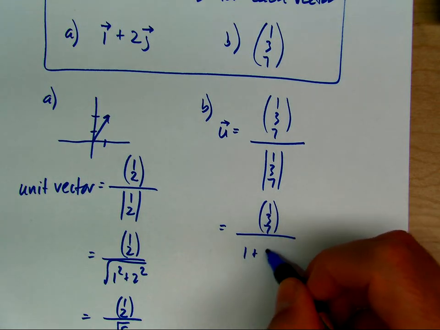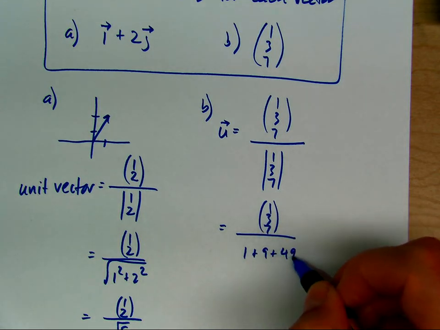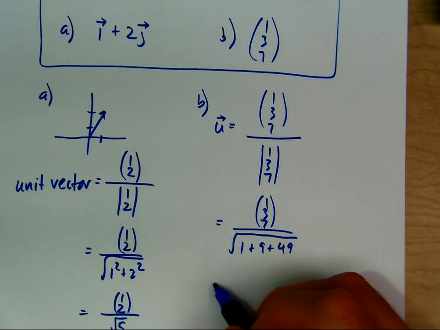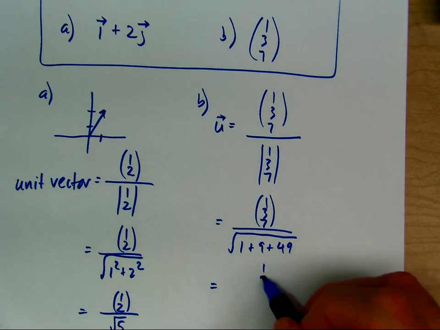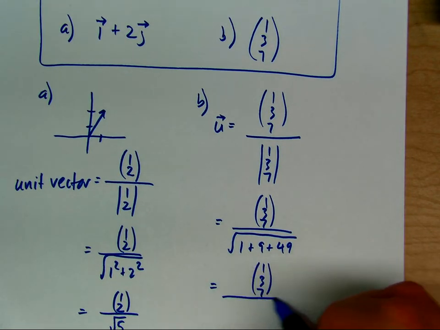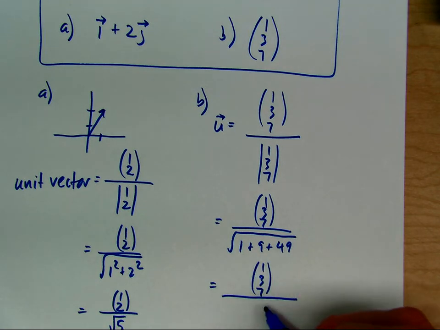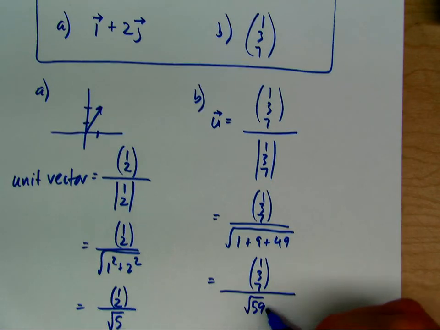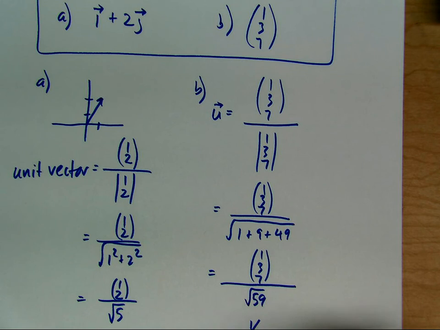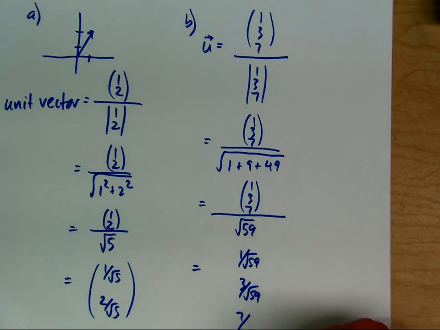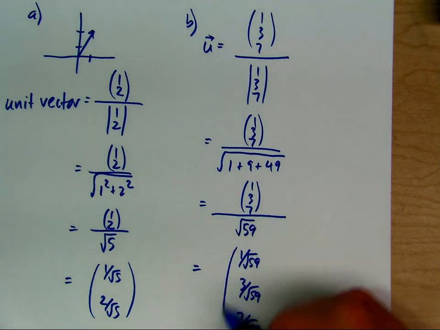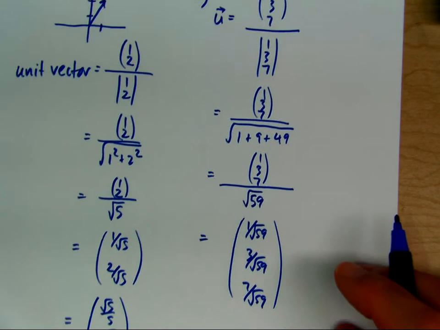One plus 9 plus 49, and that'll be 59, radical 59. 1 over radical 59, 3 over radical 59, 7 over radical 59. So that's the unit vector.